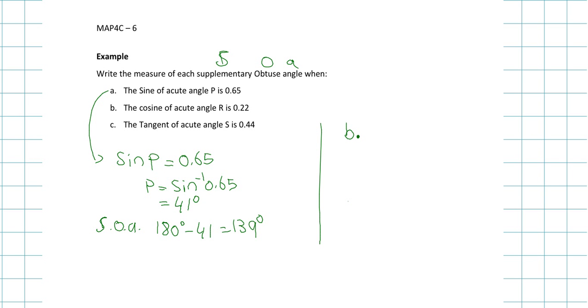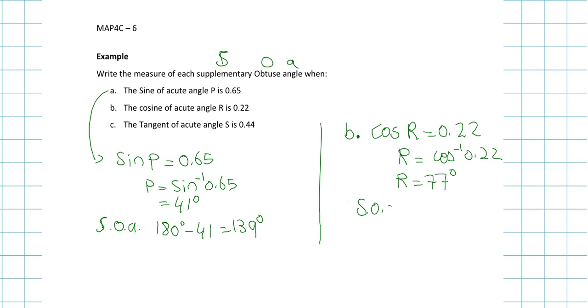Cos inverse. 77. And then what would be my supplementary obtuse angle? What is that, 103? Okay, can you guys do the last one by yourself?